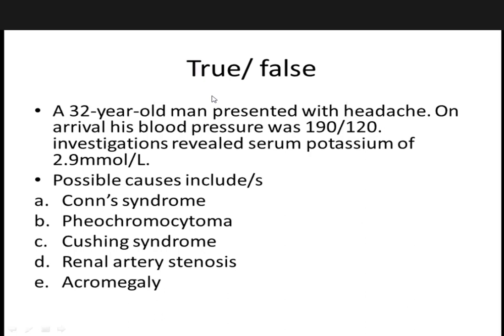Cushing syndrome. So, what about metabolic syndrome? Again, most of the features may be there due to metabolic syndrome as well, right? But this patient's serum potassium is 3.1, right?